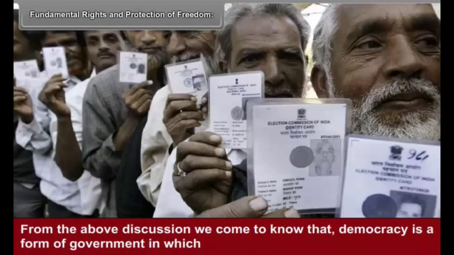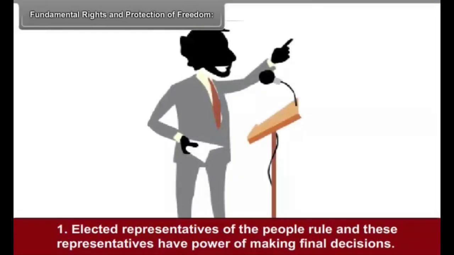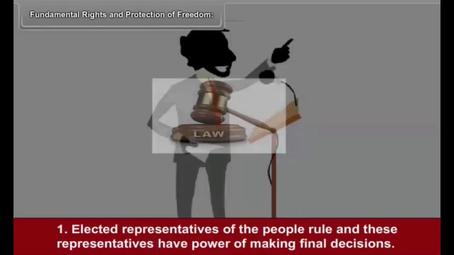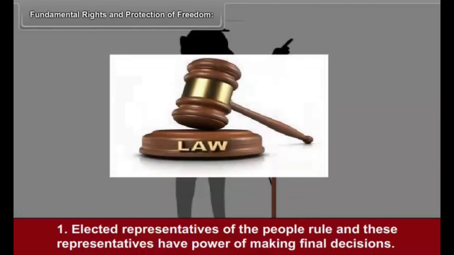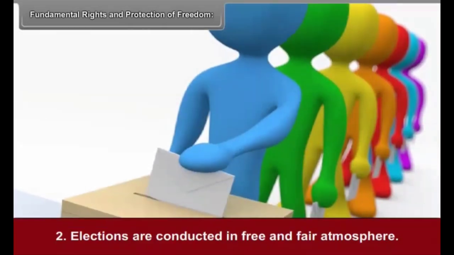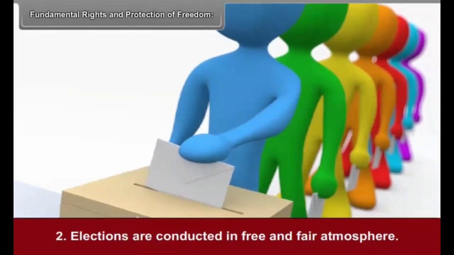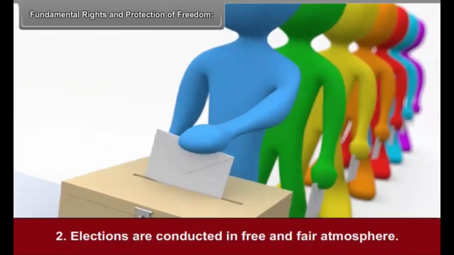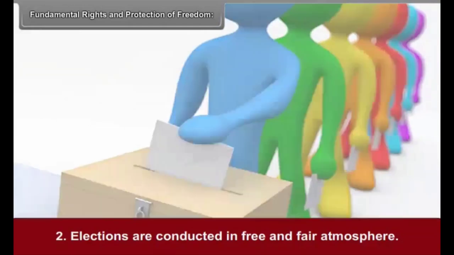From the above discussion, we come to know that democracy is a form of government in which, first, elected representatives of the people rule and these representatives have the power of making final decisions. Second, elections are conducted in a free and fair atmosphere.